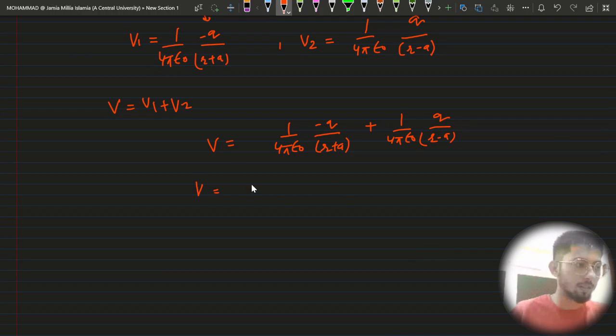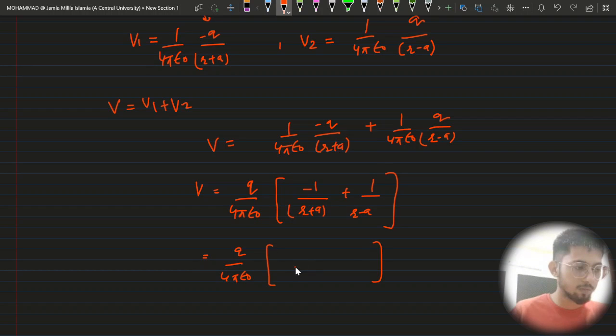So V will be, you can take this common, 1 by 4 pi epsilon naught q, and inside you will get minus 1 upon r plus a plus 1 upon r minus a. If you solve this, what will you get? What will be the LCM? The LCM will be the product of the two, r plus a into r minus a, and in the numerator you will get minus r plus a plus r plus a.